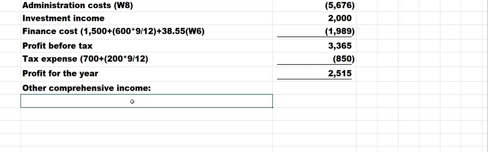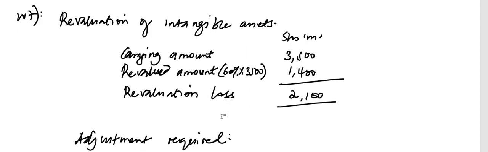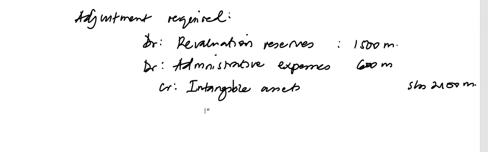And other comprehensive income, of course, according to our journal entries, there is a revaluation loss, but this loss is reversing a previous revaluation surplus. So this loss, part of the loss, is going to be recognized under other comprehensive income.